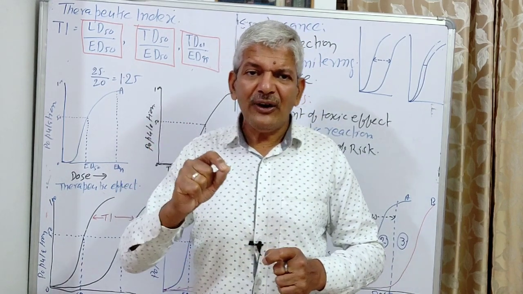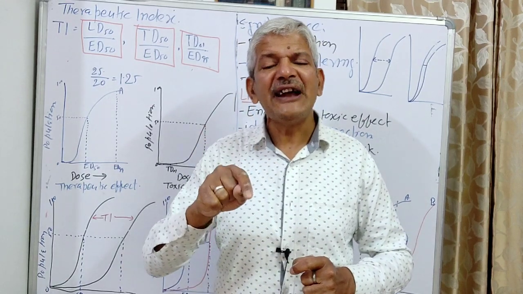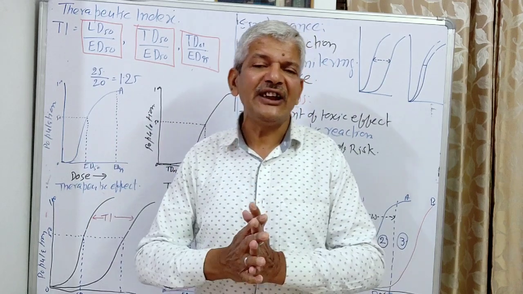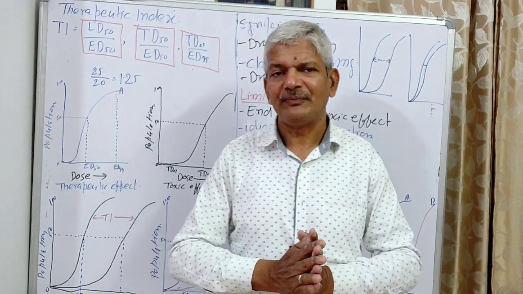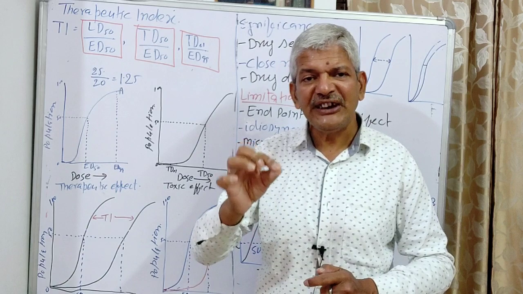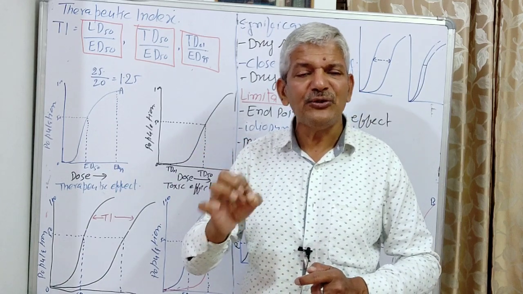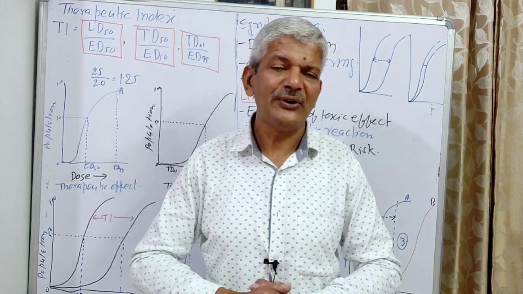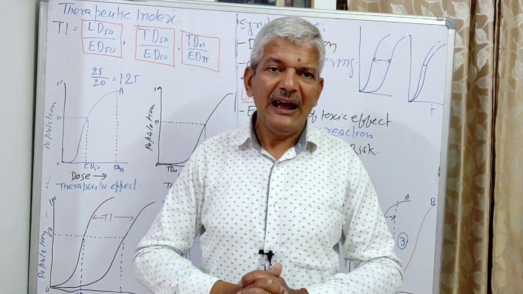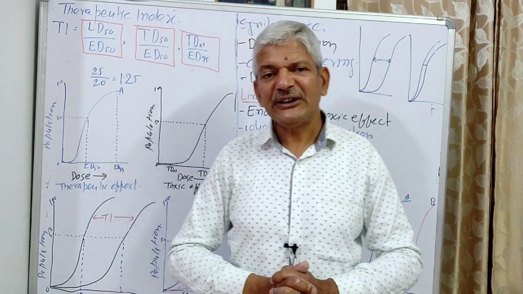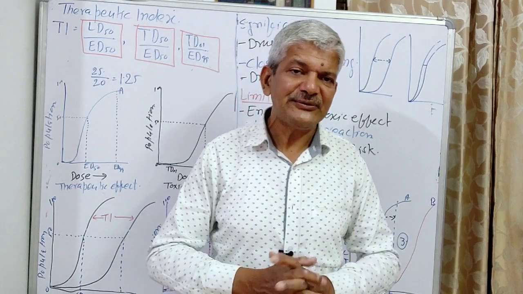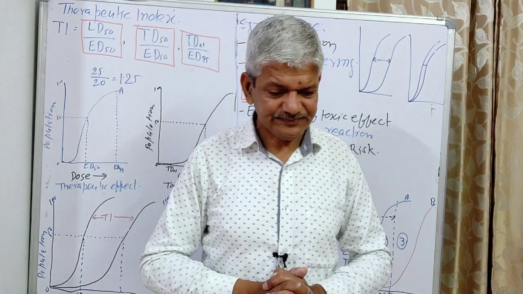If the value of TD01 divided by ED99 is 1 or more than 1, in that case we say it is a safe drug. If this value of TD01 upon ED99 is less than 1, then we can say it is not safe for human beings. And in this way, we calculate the therapeutic index that gives some idea about the safety margin of the drug.